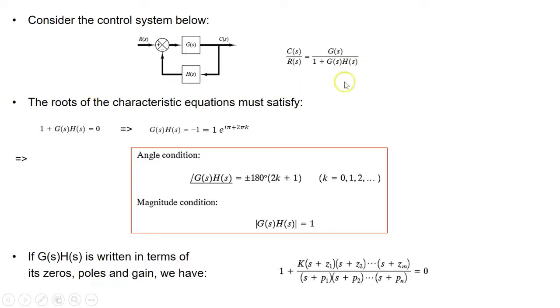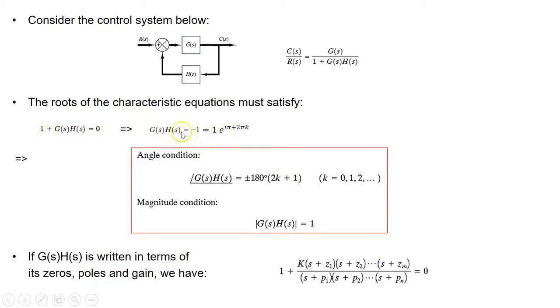The places where this denominator is equal to 0, we call them what? We call them the poles of the transfer function. So the idea is concentrating on the poles, or finding those values of s for which this equation is valid: 1 plus GH equals 0.